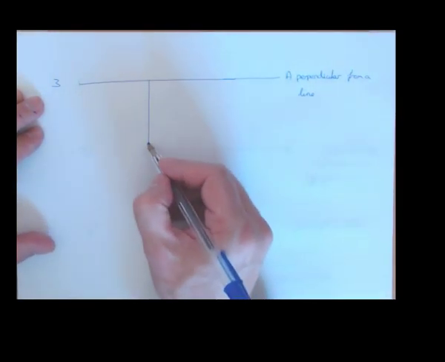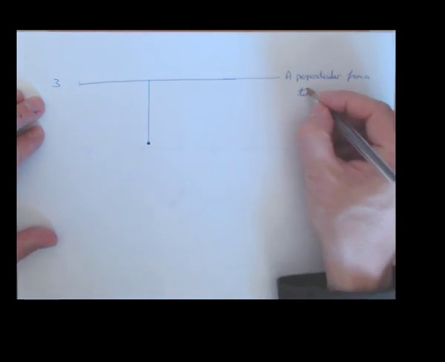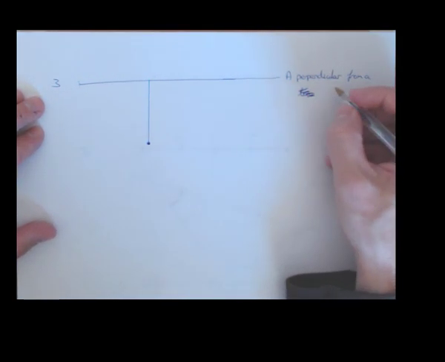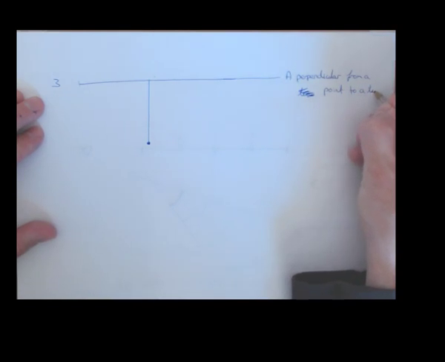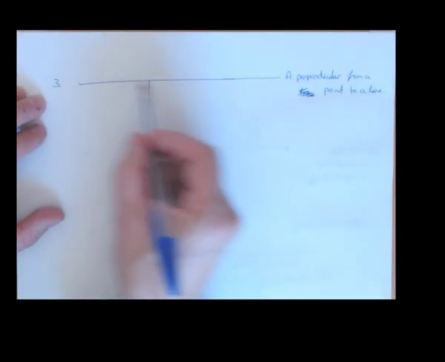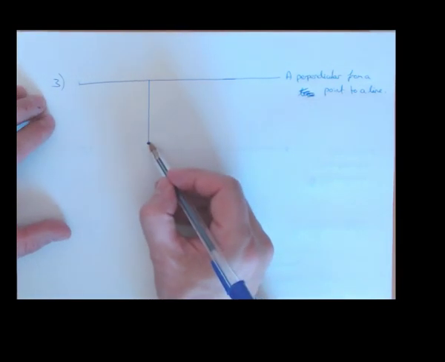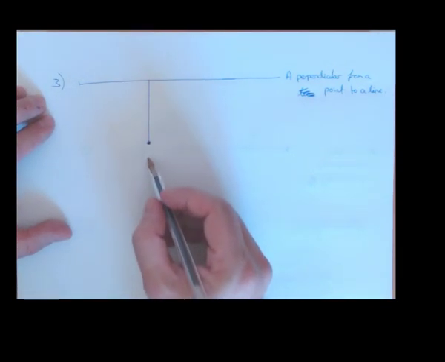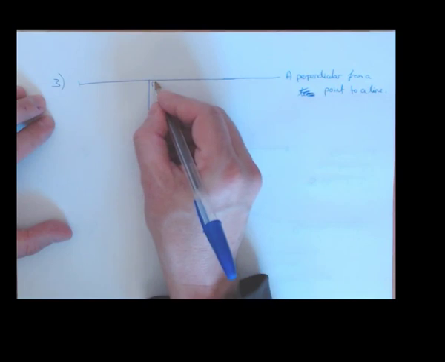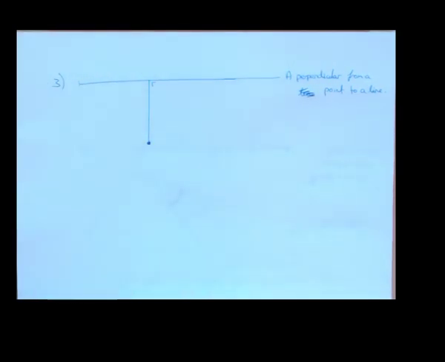We're just doing a perpendicular from a point to a line. Not a line segment, a line. So this line goes on to infinity in both directions. We have a point and we want a perpendicular from that point to the line. So it's this kind of shape that we're looking for. So that's why we're remembering the bird.